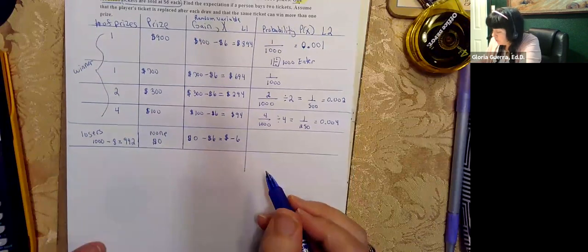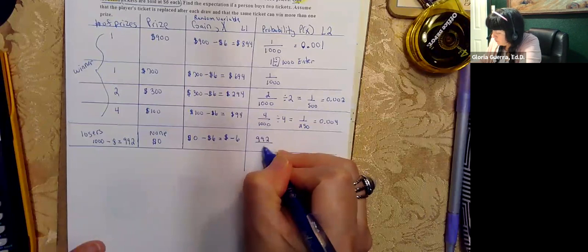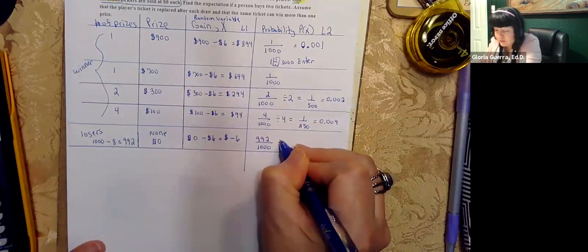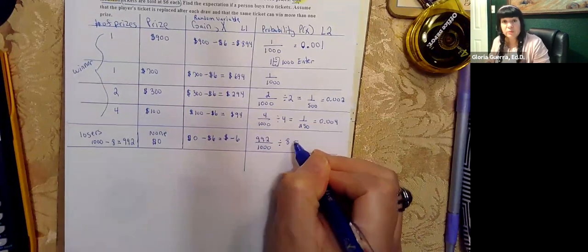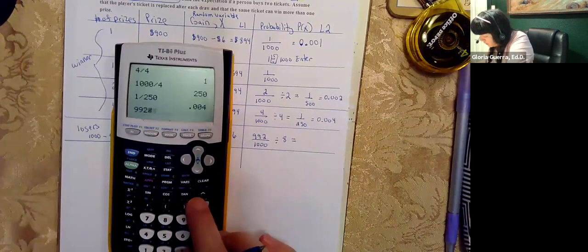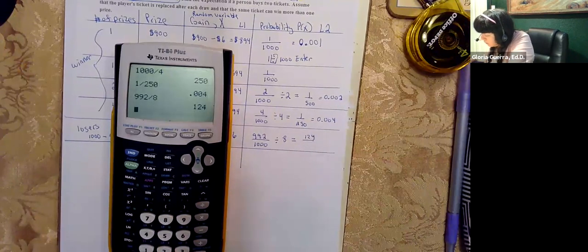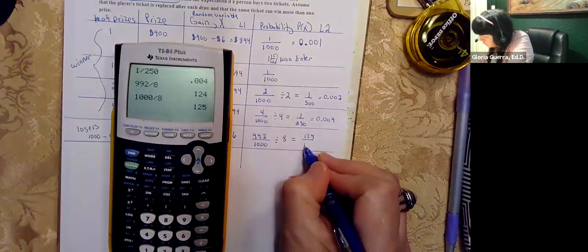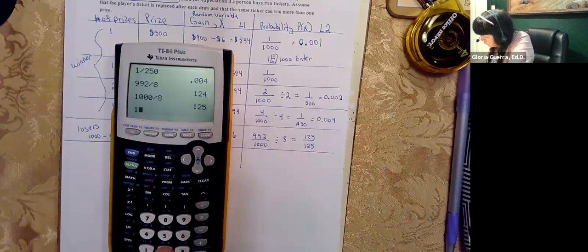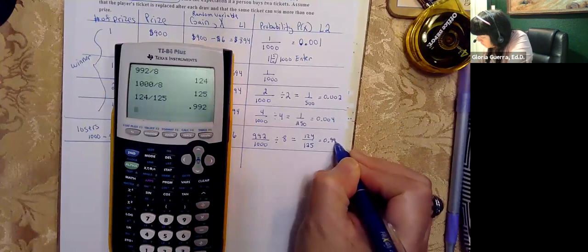Okay, and so this is 992 of them divided by 1,000. And this can be reduced by 8. 992 divided by 8 is 124, and 1,000 divided by 8 is 125. And 124 divided by 125 does terminate: 0.992.